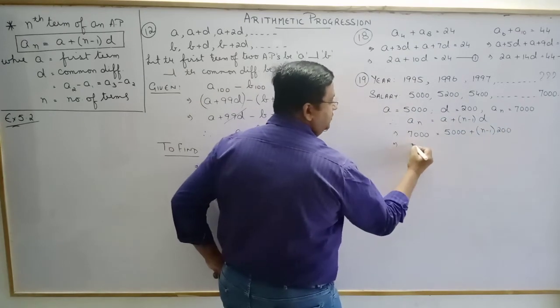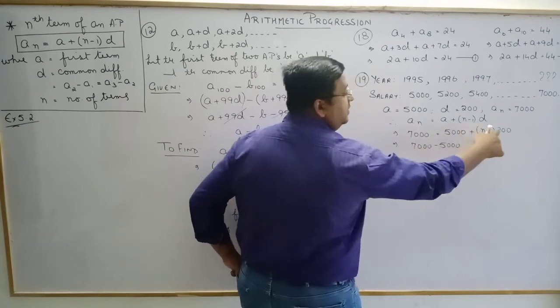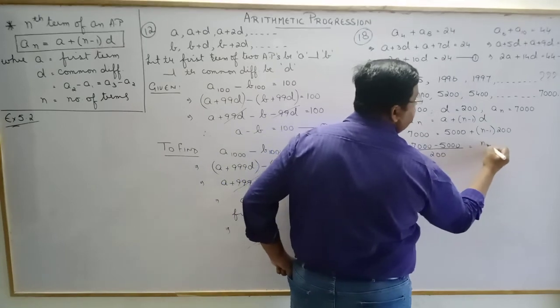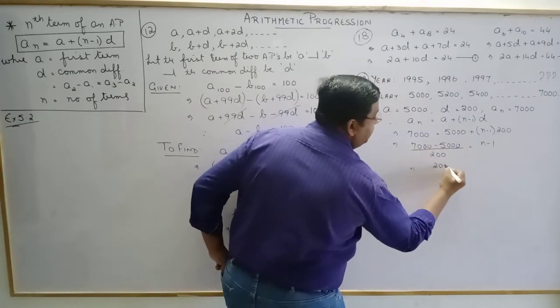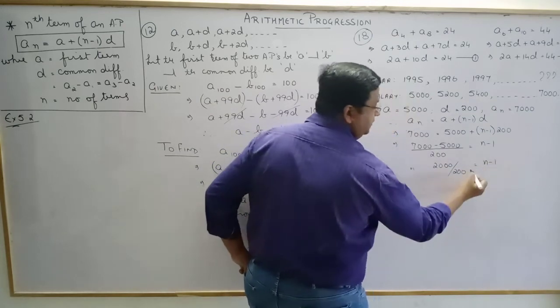Shift it: 7,000 minus 5,000, and 200 is in multiplication, so it goes into division, equals N minus 1. So 7,000 minus 5,000, that is 2,000, upon 200 equals N minus 1.